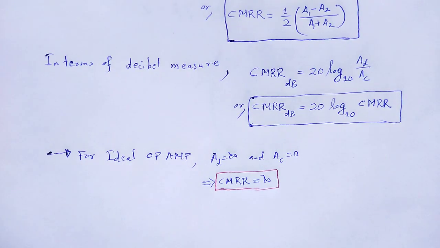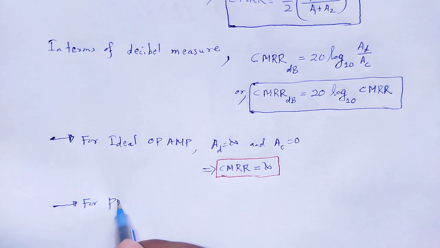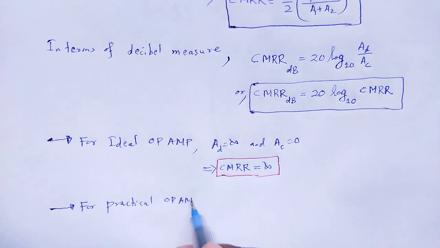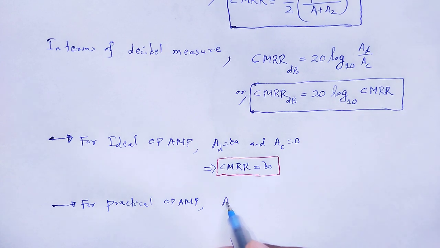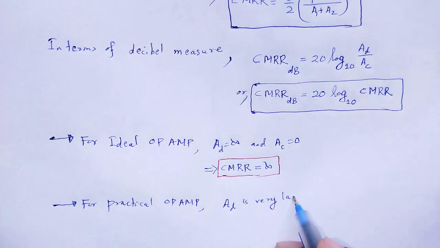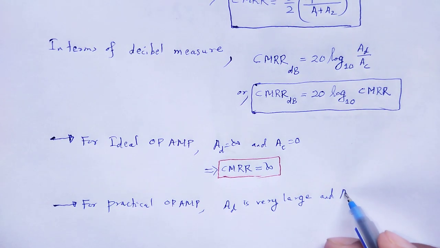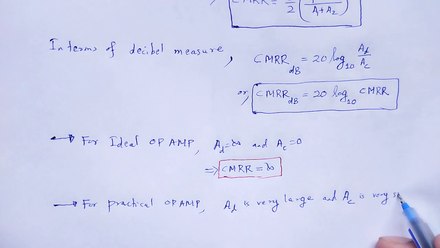Next, for a practical op-amp, as we know, AD is very large and AC is very small.